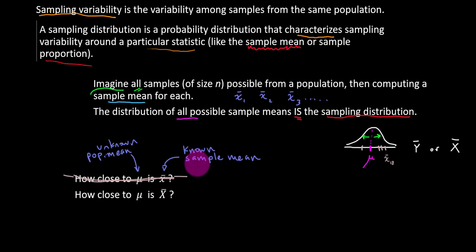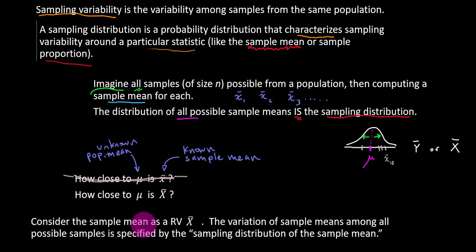We actually cannot answer that. However, here I've got capital X bar, which is about this distribution. It's the sampling distribution of all possible sample means. And this is because we will be considering X bar, the distribution of sample means, in a theoretical construct. And the answer to this question is essentially provided by this theoretical distribution.